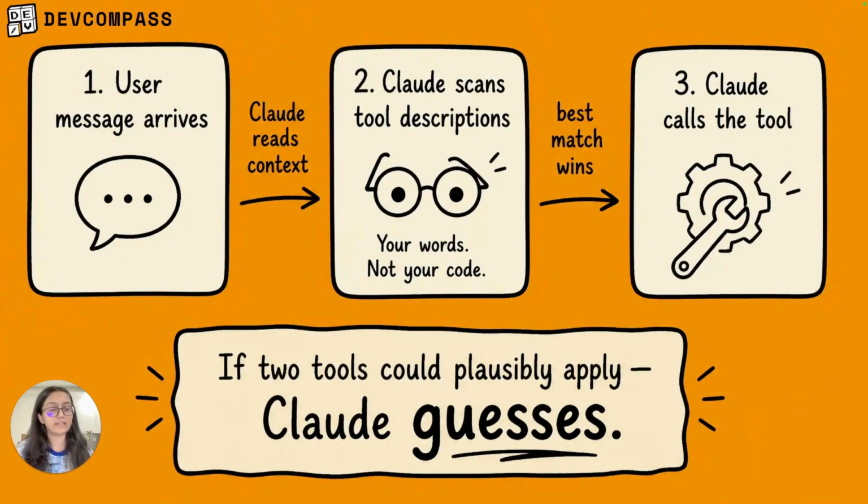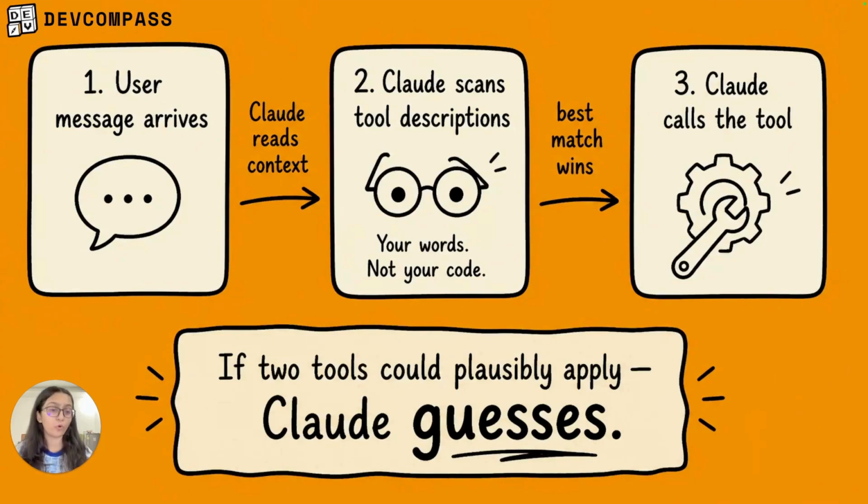So if you look at the slide, the first one says message arrives. So Claude is given a user prompt. The user states the requirement, and then Claude will read that context. Then Claude scans the tool descriptions. Claude will call the tool.